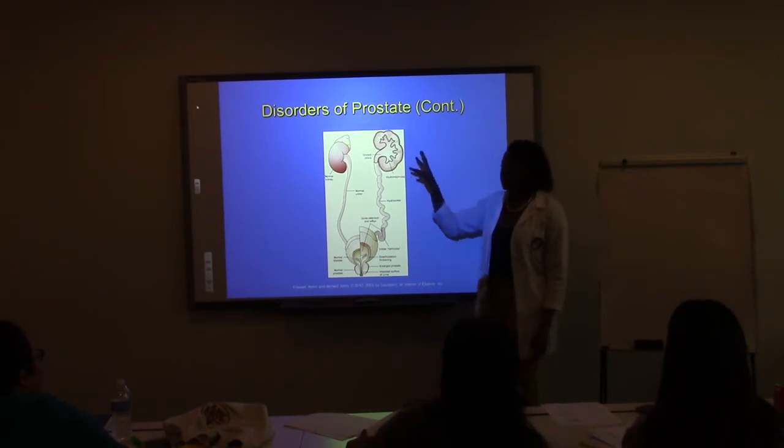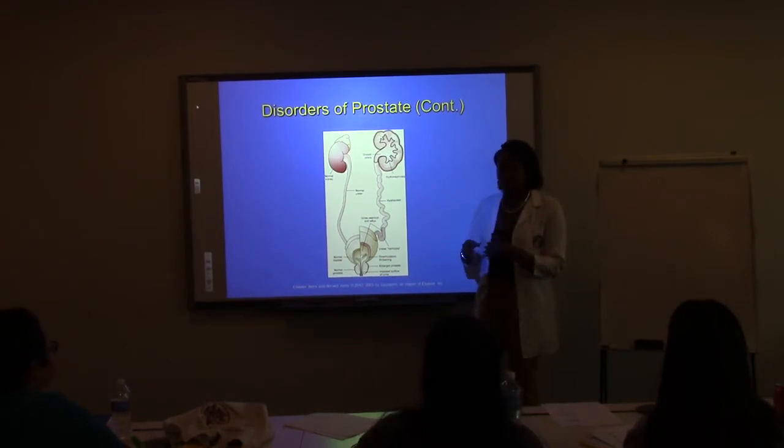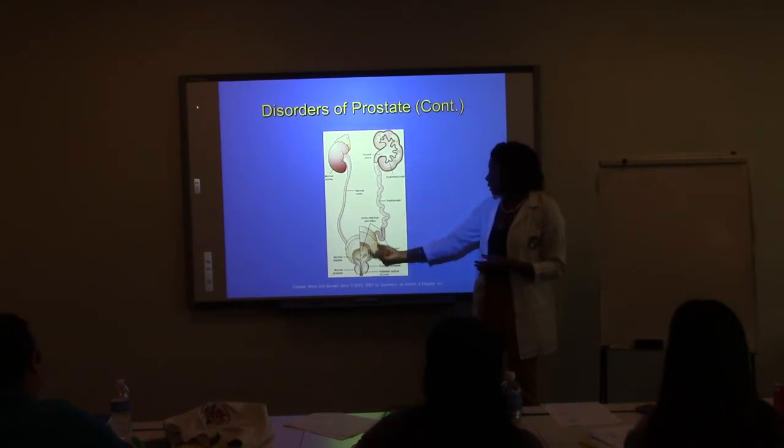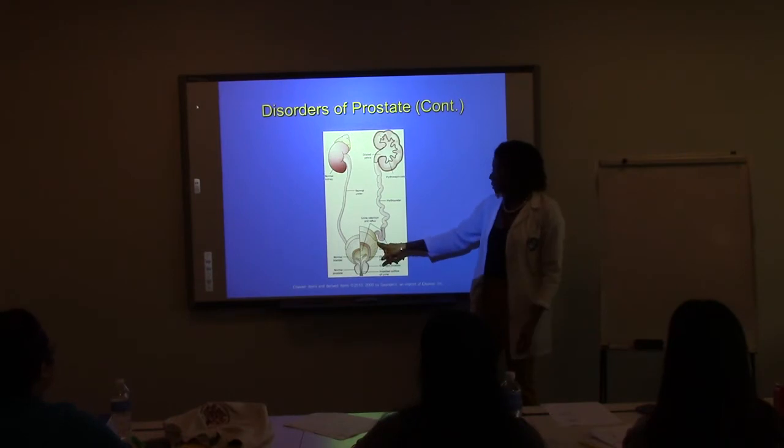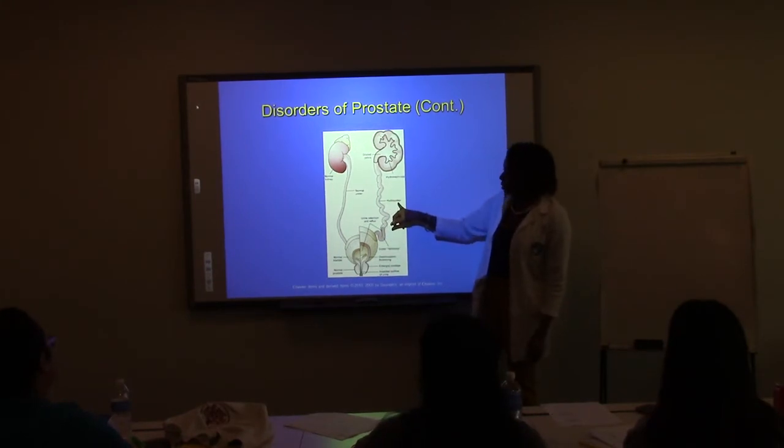So understand that the kidney is still making urine. Keep in mind they're still eating and drinking, and the kidney's still doing what it's supposed to do, so they are continuously making urine. If they don't have a way for urine to get out, that urine is going to build up. It'll build up in the ureters, which is what we call hydroureter.